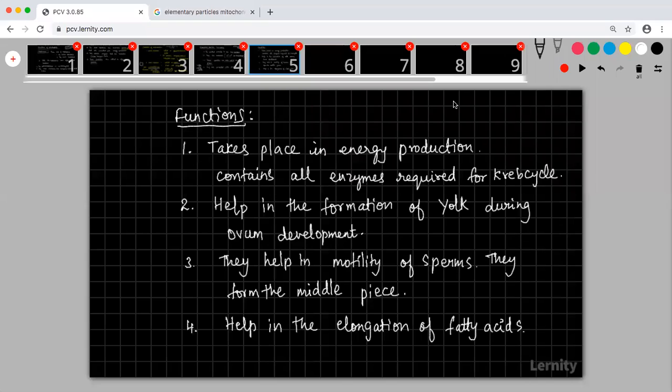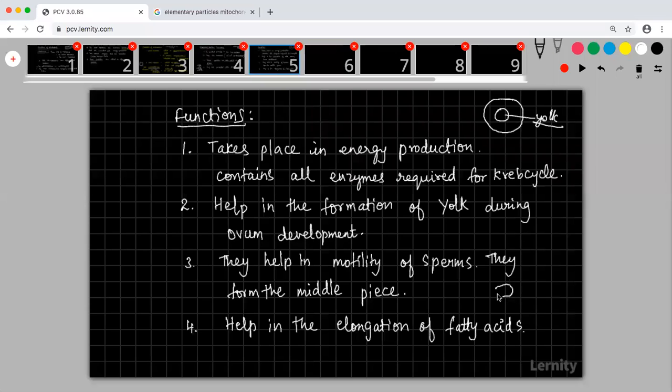Basically, please understand that there is something called yolk. Yolk formation during ovum development will require mitochondria. In your ovum, there is this part which is called yolk. This yolk development will require mitochondria. And what about sperms?